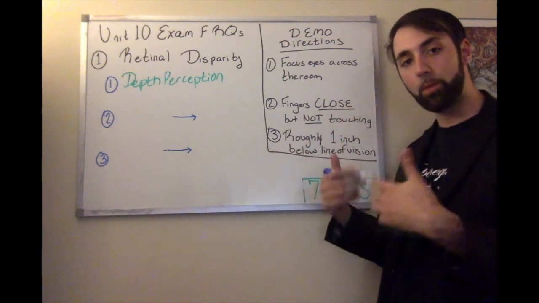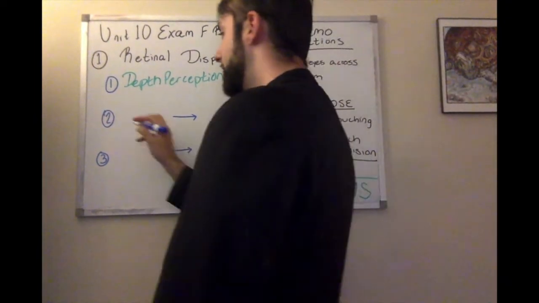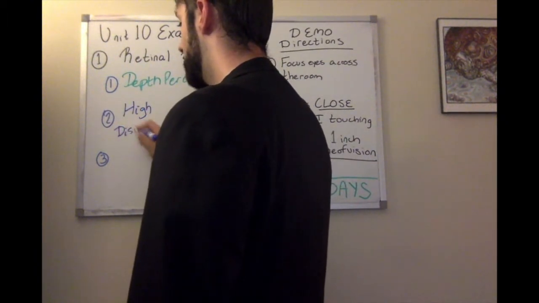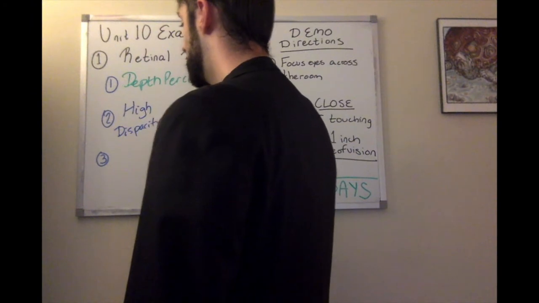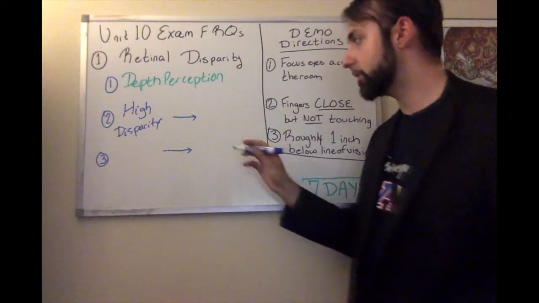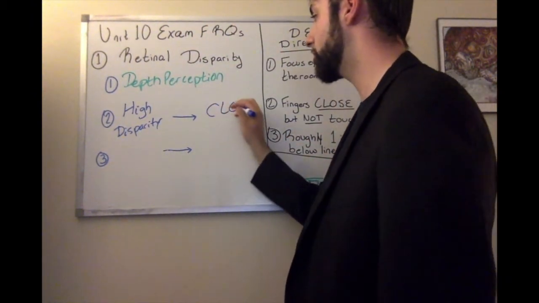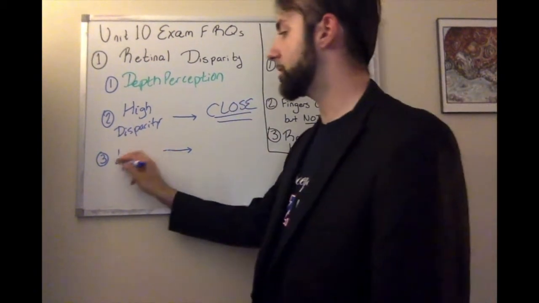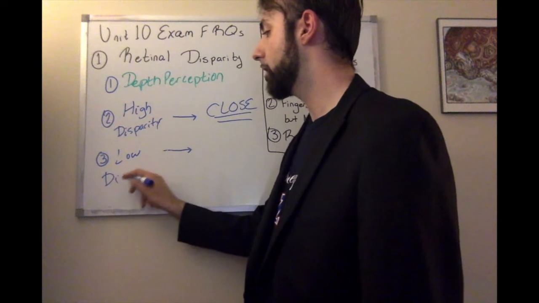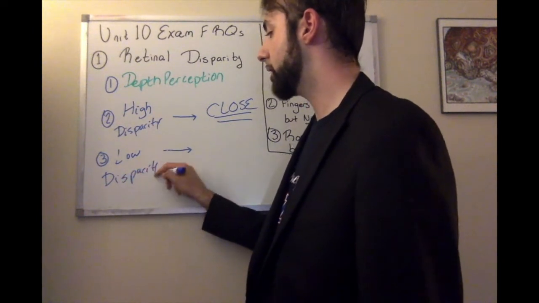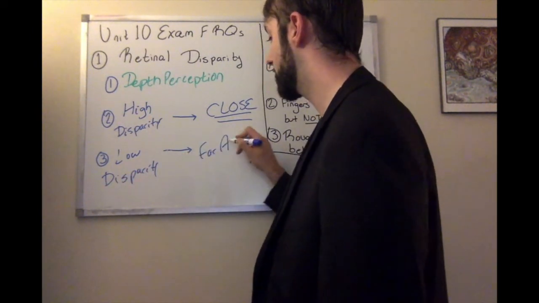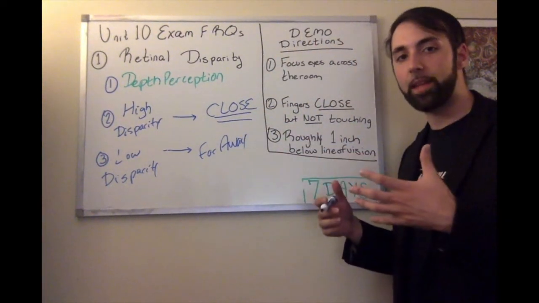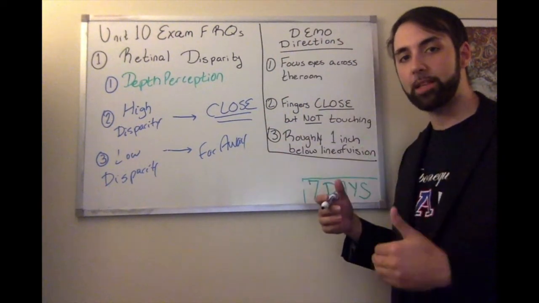What you would notice is that when there is a high disparity, which means a really large finger sausage, it means the object is close. The object is right in front of you. If an object has low disparity, it means the object is far away. So retinal disparity is a phenomenon that allows us to determine how far an object is from us at any given point.